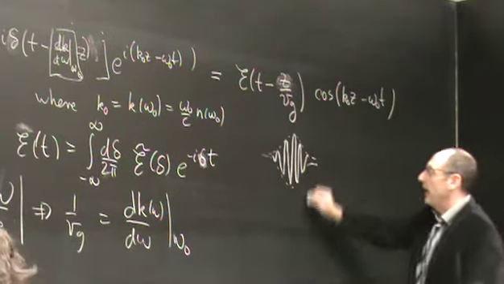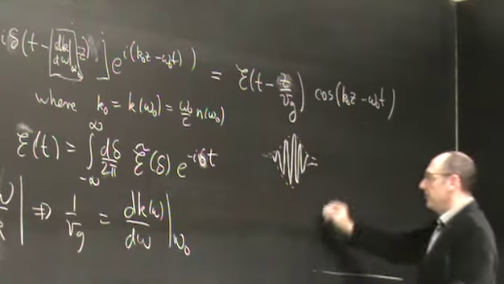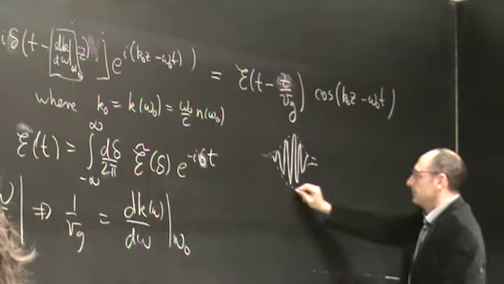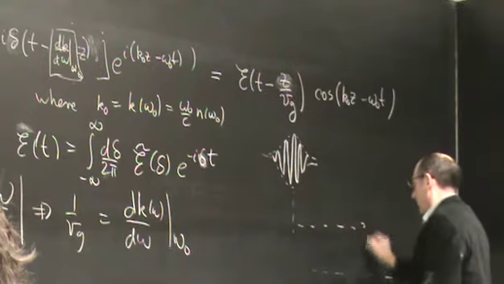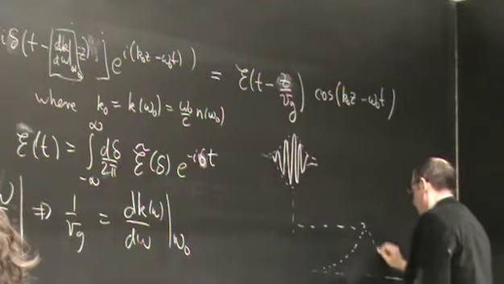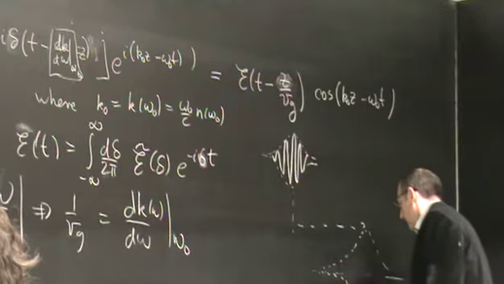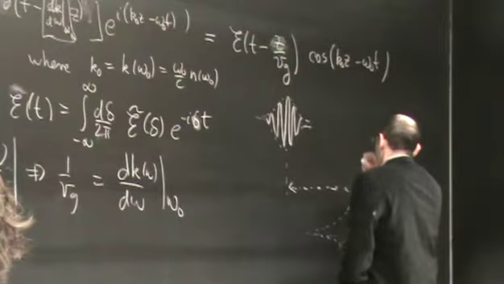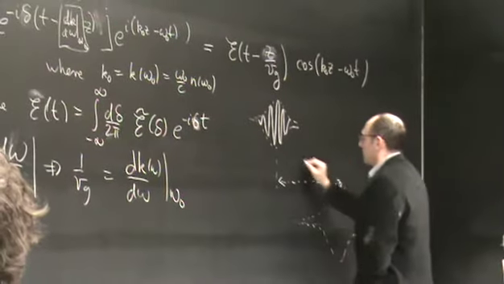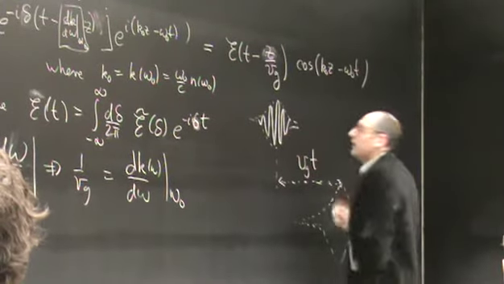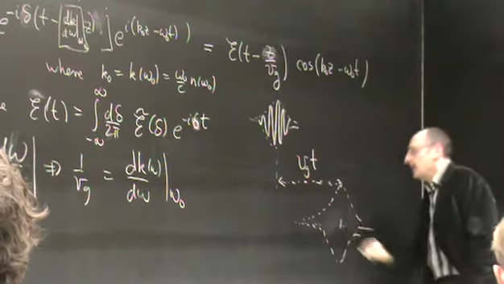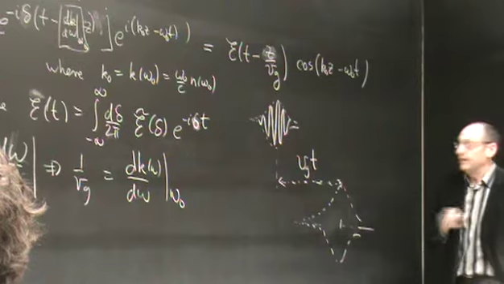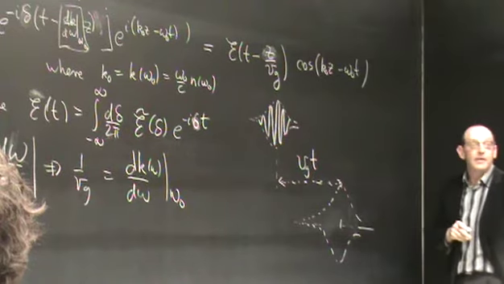Later, the pulse propagates. The peak of the pulse travels down a distance z, where z is equal to v group times t, at some later time.